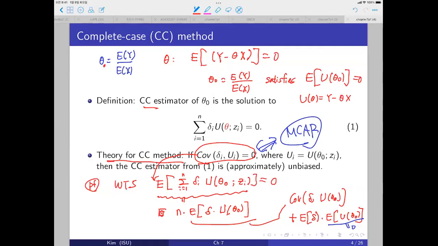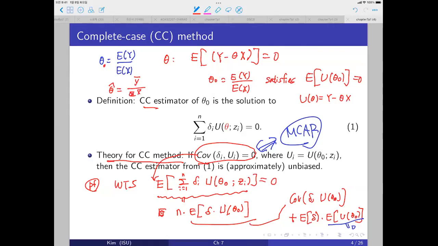So the estimating function is unbiased to zero, but the solution to the estimating equation, which is theta hat, will be y bar divided by x bar.